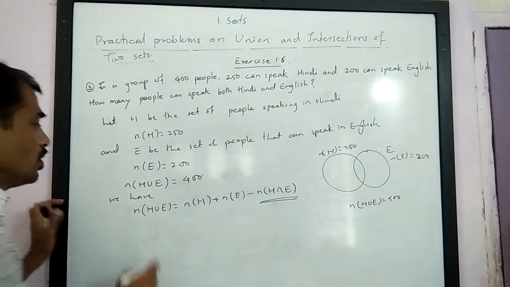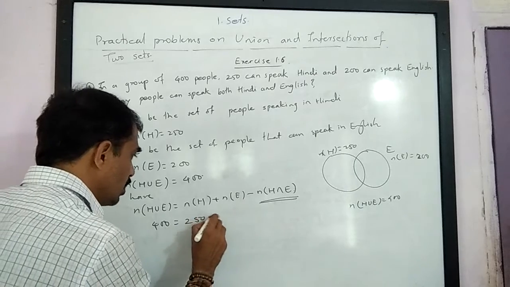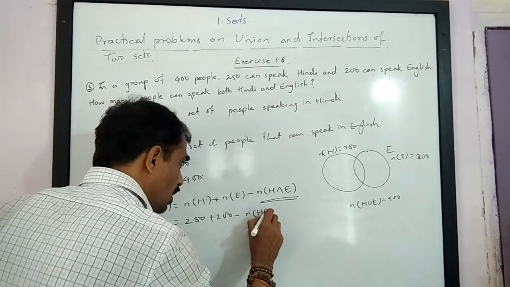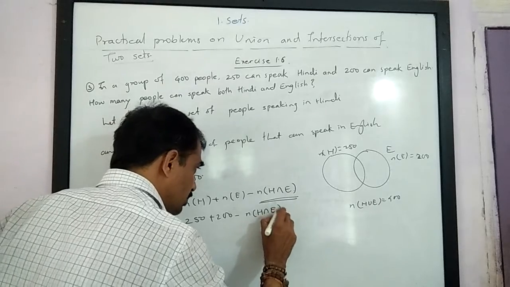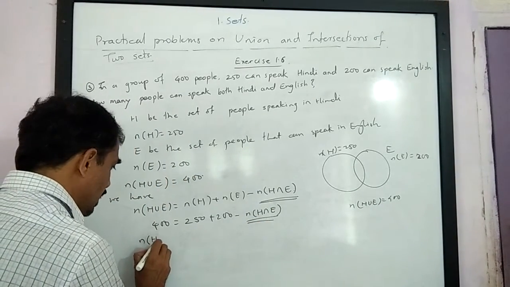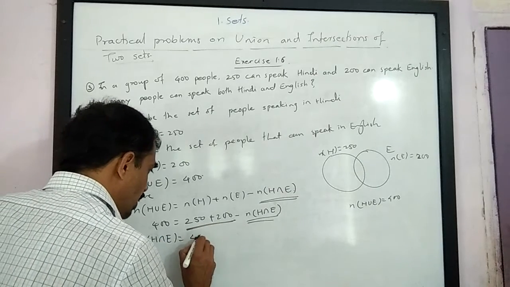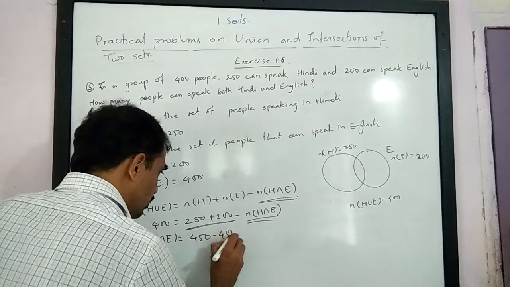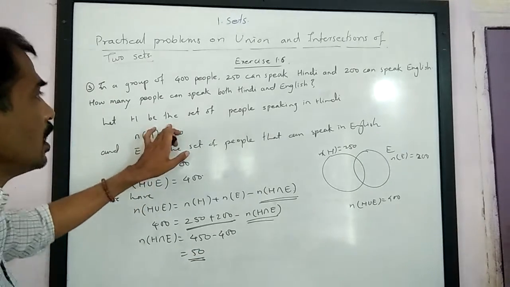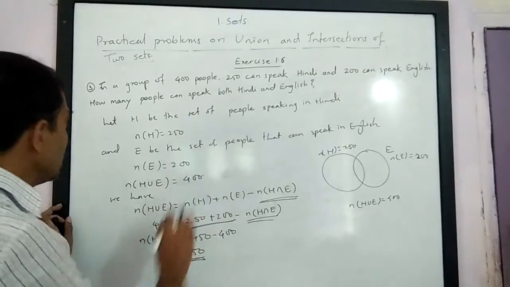So just put the values, you will get 400 is equal to 250 plus 200 minus number of elements in H intersection E. If you transpose this to this side, you will get number of elements in H intersection E is equal to 450 minus 400, that is equal to 50. It means 50 people can speak both Hindi and English.